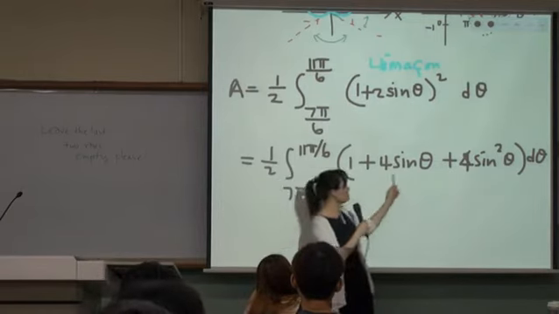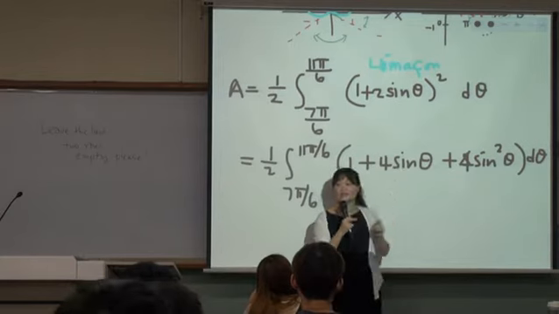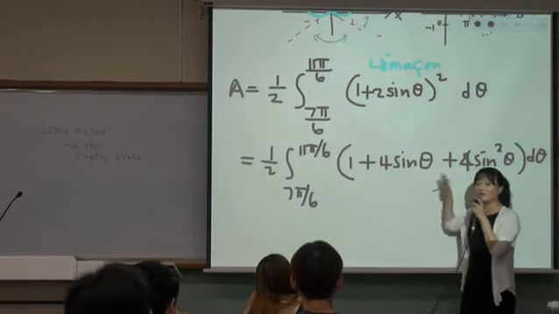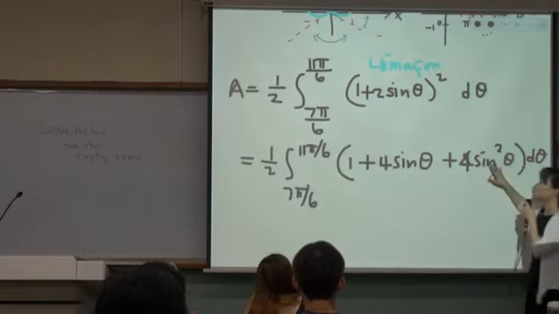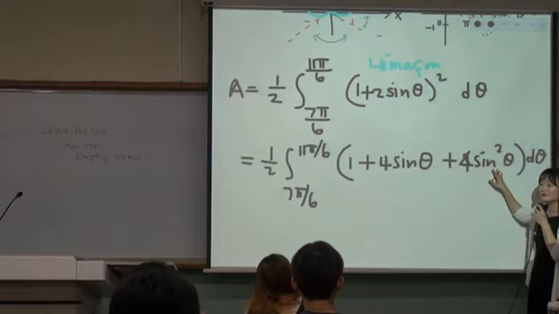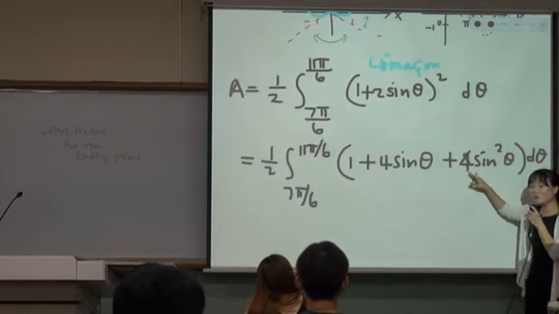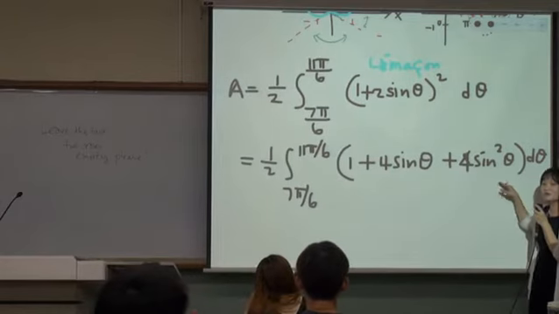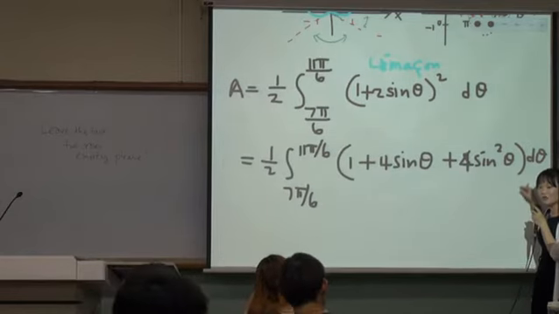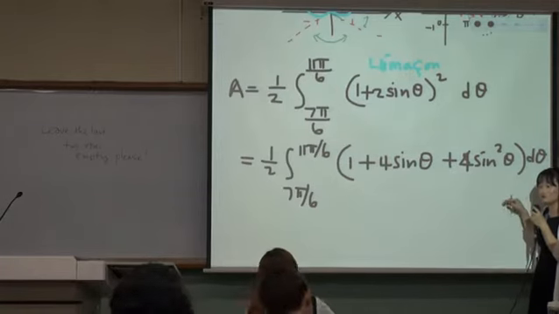Okay. What's the antiderivative of 1? Theta. What's the antiderivative of 4 sine theta? Minus 4 cosine theta. How do we do sine squared? Change to what? 1 minus cosine 2 theta over 2. Yep.